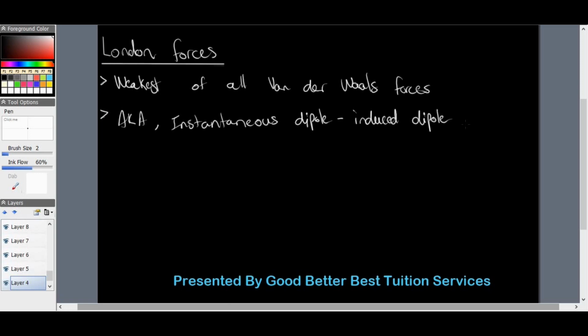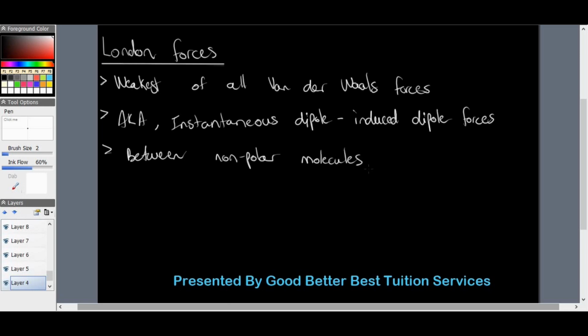So we obviously still understand induced dipole forces. But as I mentioned, it is the weakest, and these forces take place between non-polar molecules, so two non-polar molecules basically coming together.